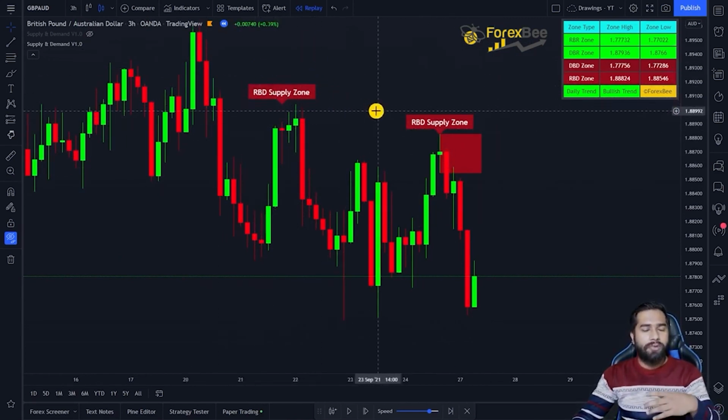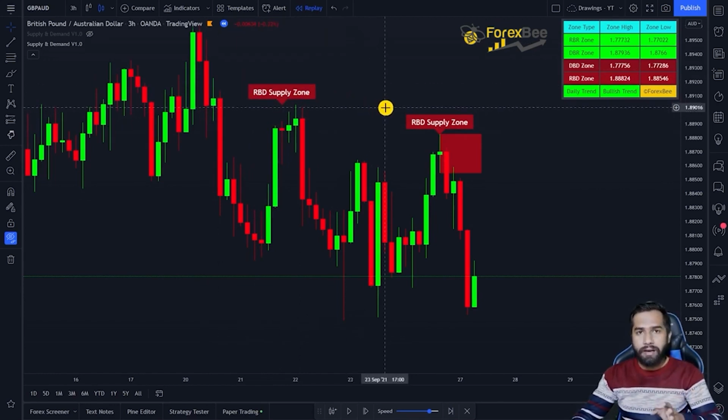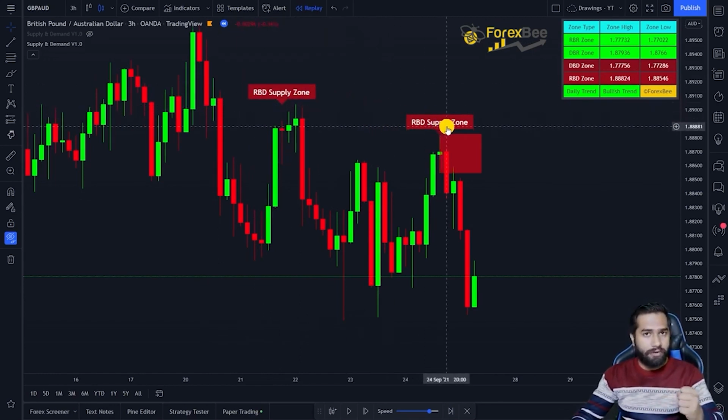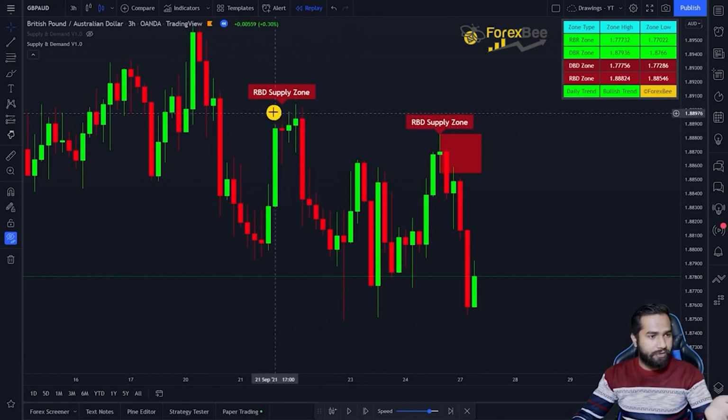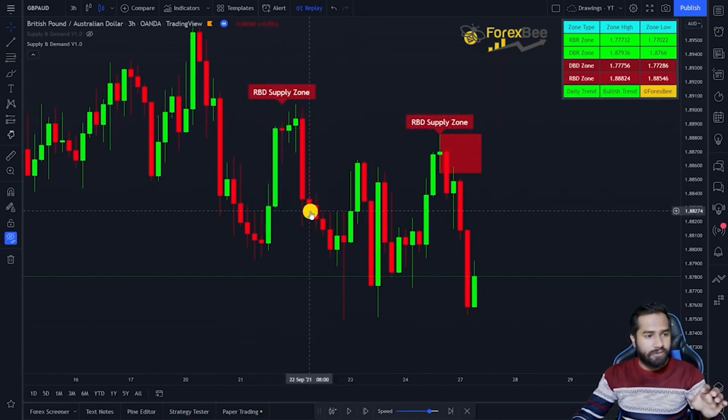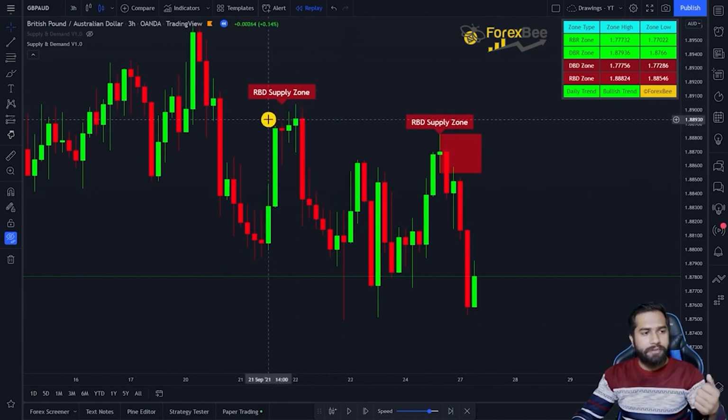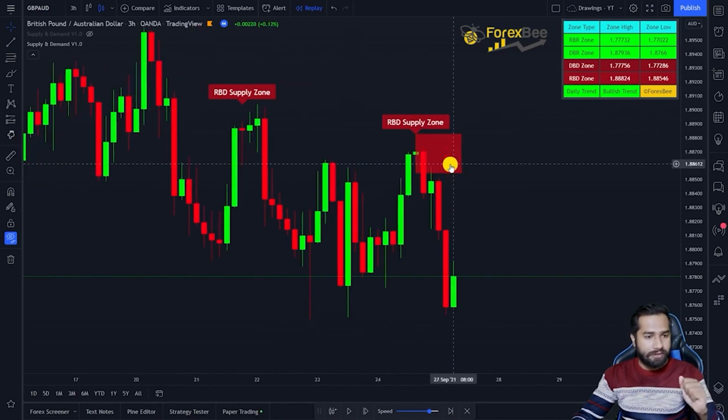So what the indicator does is it draws the zones in real time, and only the latest zones are drawn, but it keeps a historical reference to where the last zone was. Here you can see that the last rally based drop zone is still there. It is represented by this rally based drop supply zone label, and then this is the latest zone.